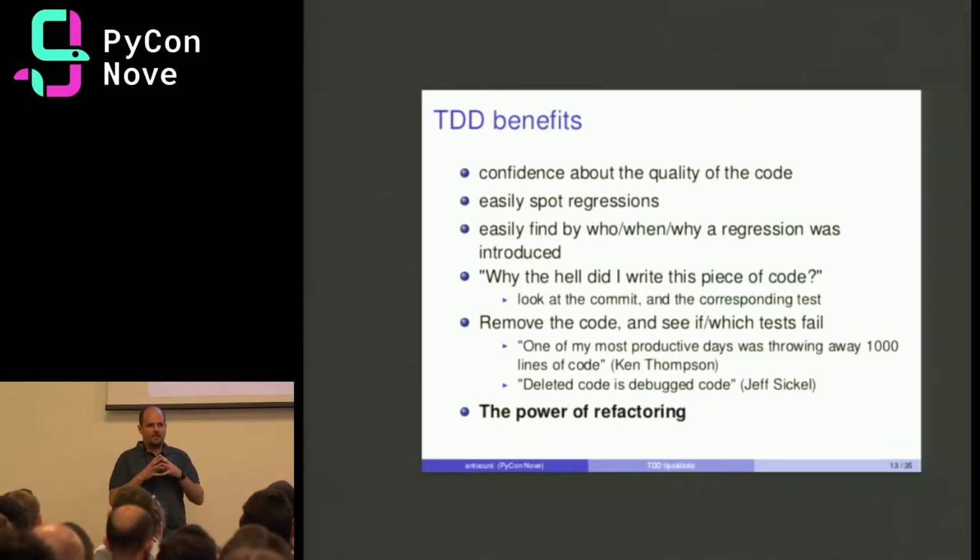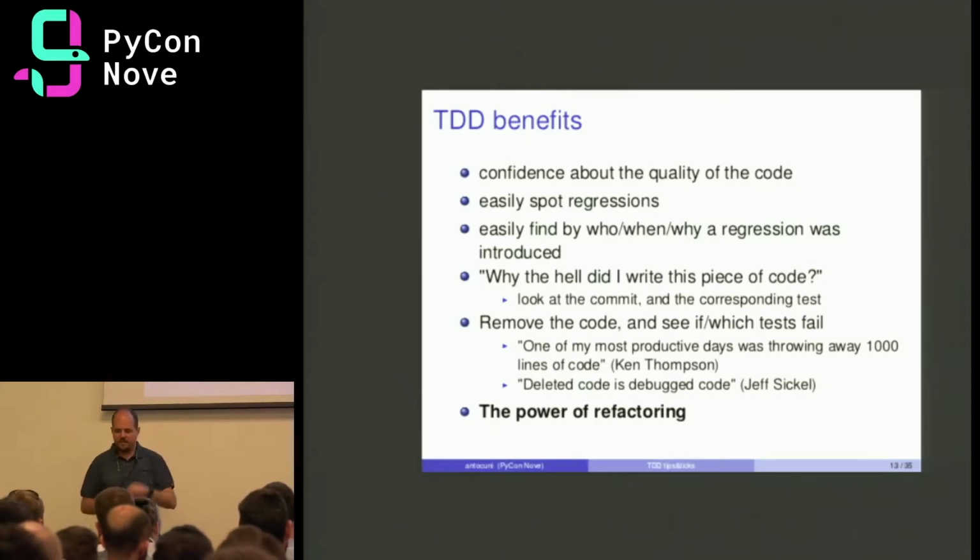Really, I personally think that this is the most powerful feature of having a project with good test coverage: it lets you refactor things, restructure, move code around, do deep refactoring, and you are confident that you didn't break anything. I mean, in PyPy we do it every time. PyPy is a very complex project.